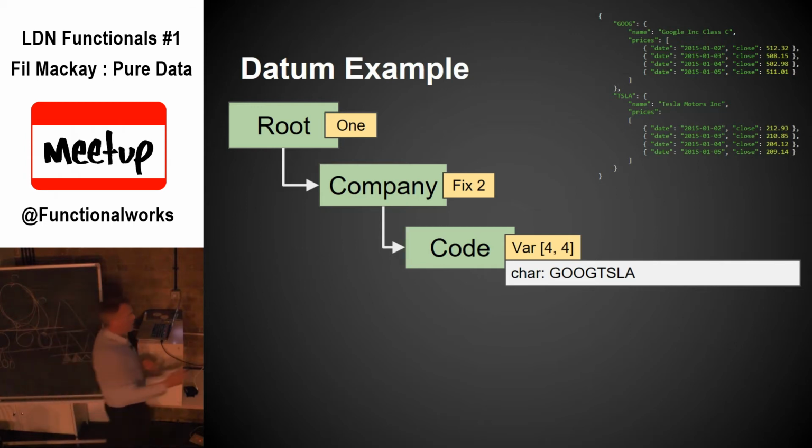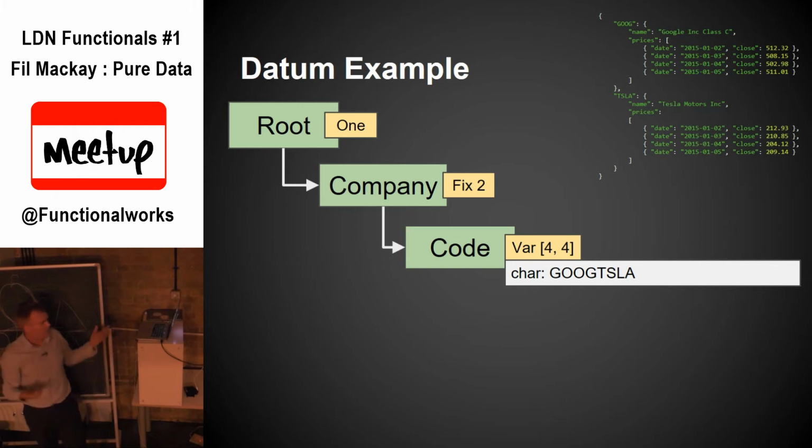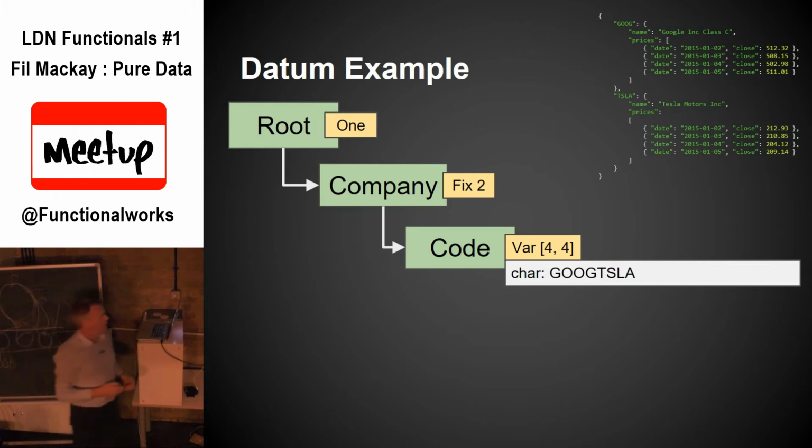So that is to say that there are 2 companies for every root instance. And because there is only ever one root instance, that means we have 2 companies. Now those 2 companies are Google and Tesla, which came from the JSON data. And one piece of data that we want to store on a per company basis is the code.